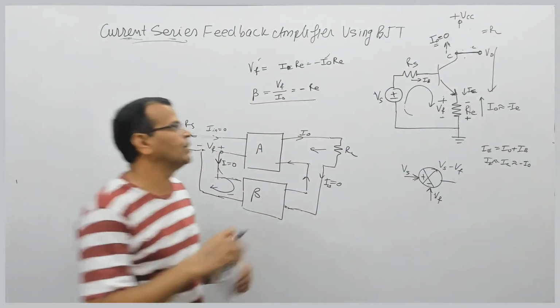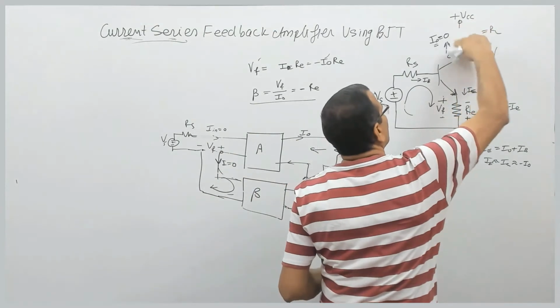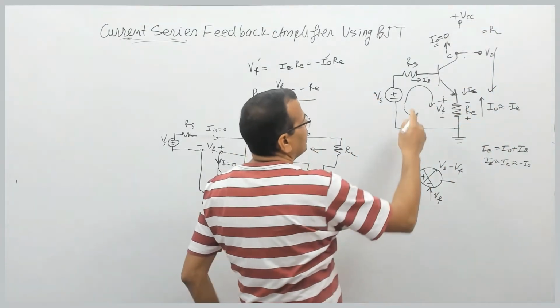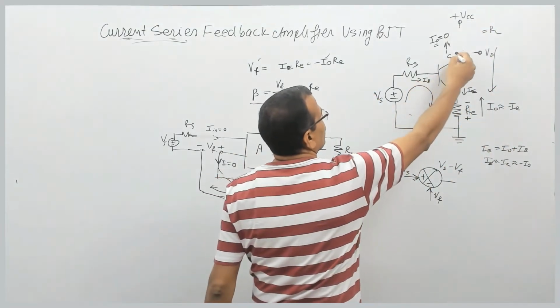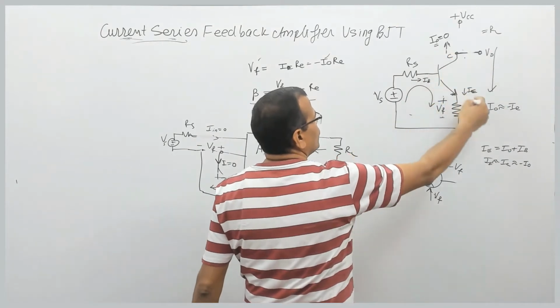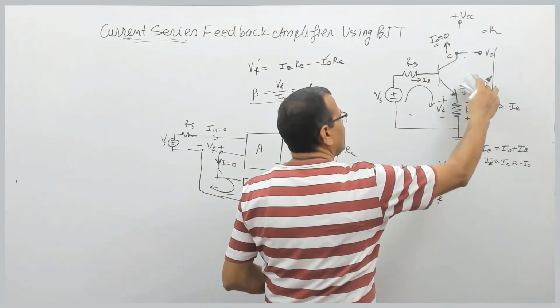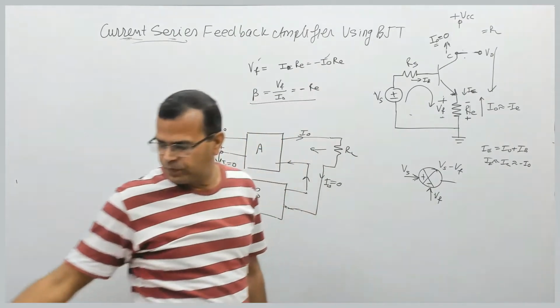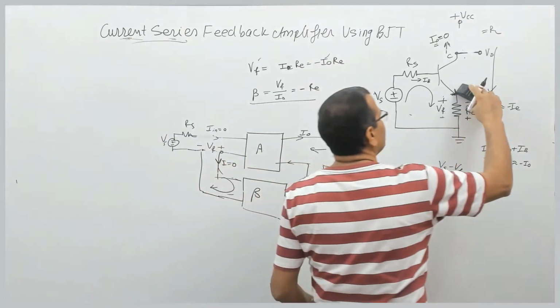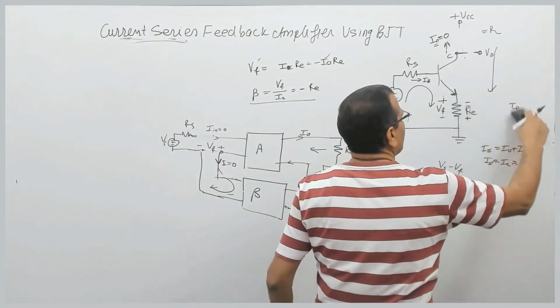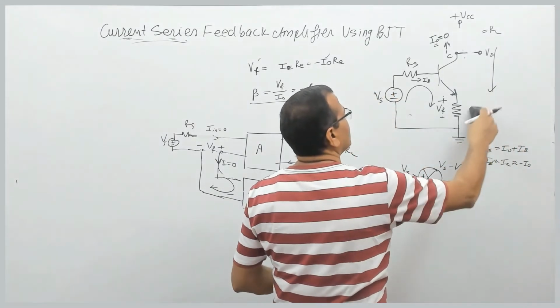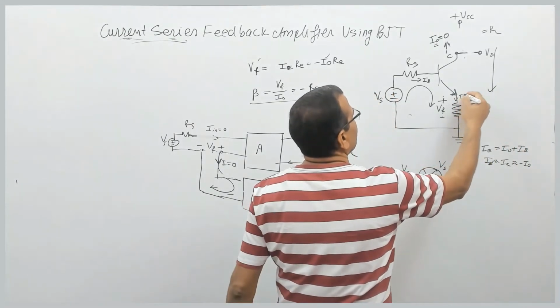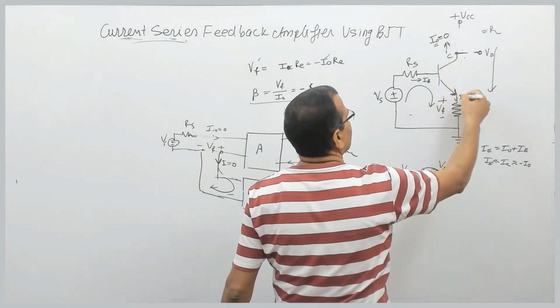The load is removed. When this load is removed, you can see this is the base current. The current going that side is 0. So what will be the current here? The current here will again be 0. The current in RE will be IB here, when this is 0, IE is 0, right?